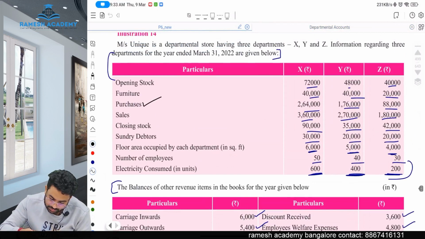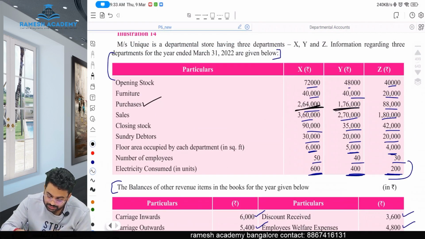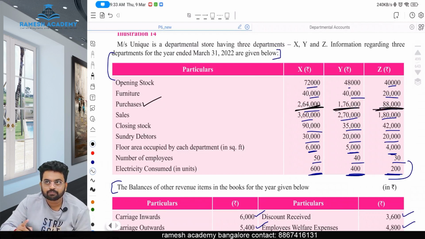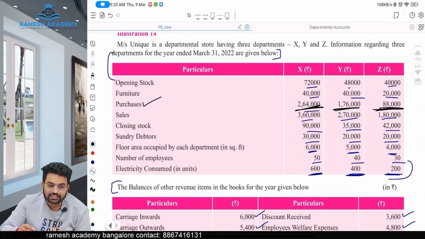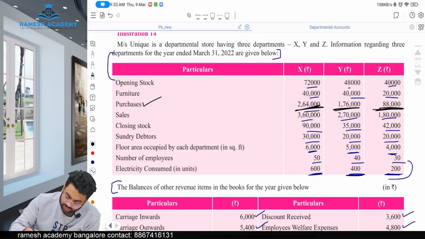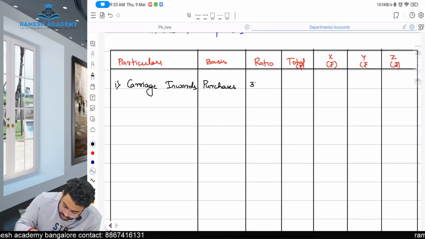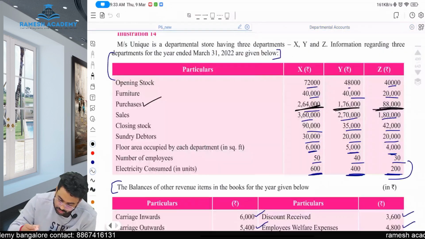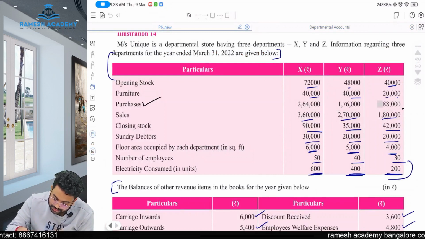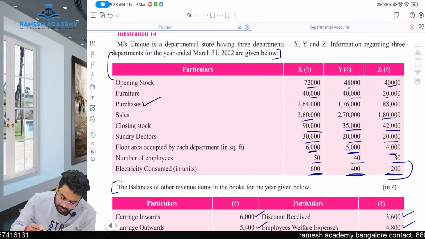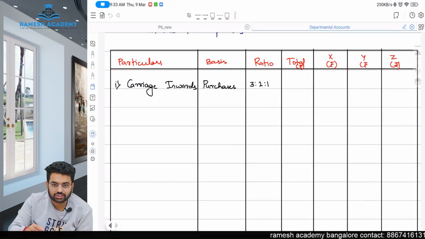X purchased 264, Y department purchased 176, Z department purchased 88. Everything can be divided by 88, so the purchase ratio is 3:2:1.